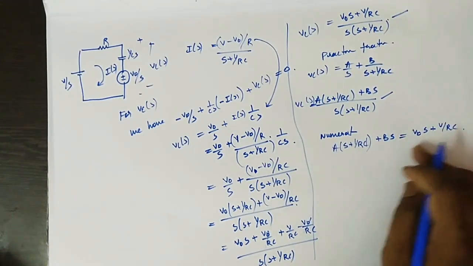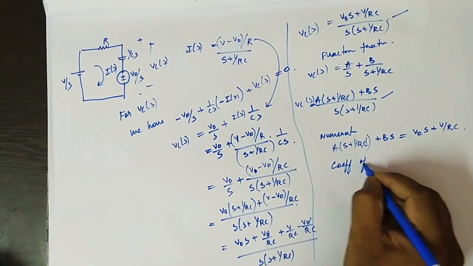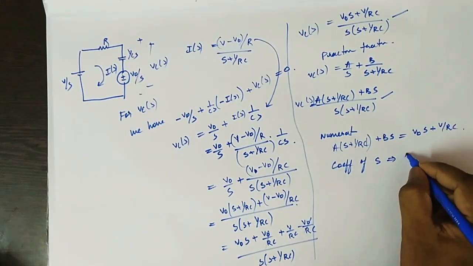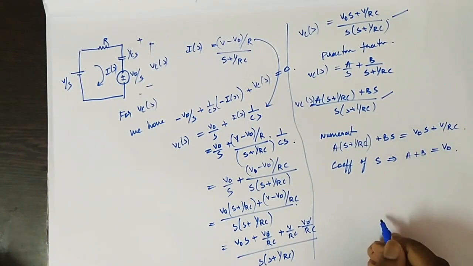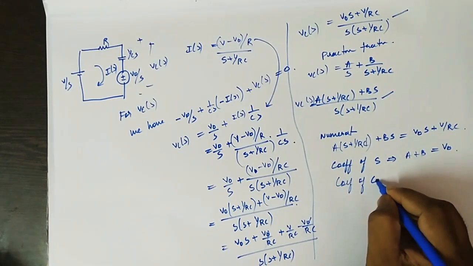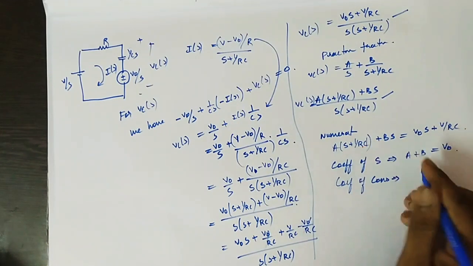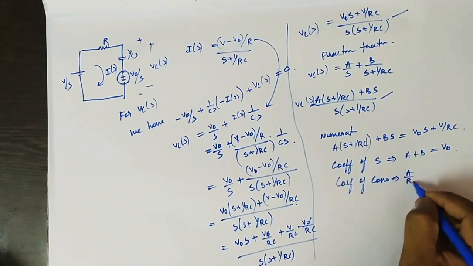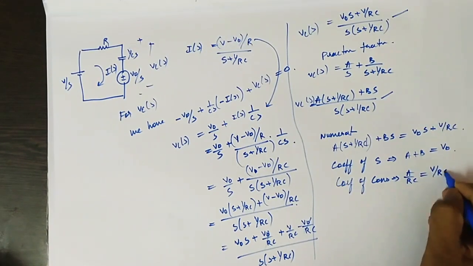Compare the coefficient of S terms. So the coefficient of S gives A plus B equal to V naught. For the constant, the only constant here is A by RC, since in the other term there is no constant, and it equals V by RC.